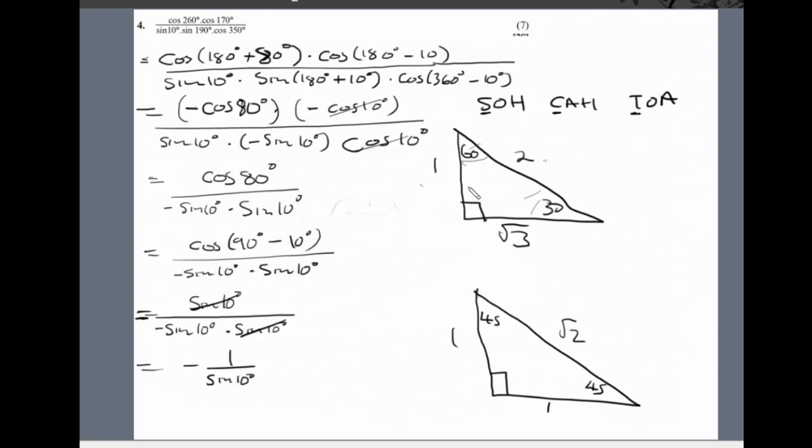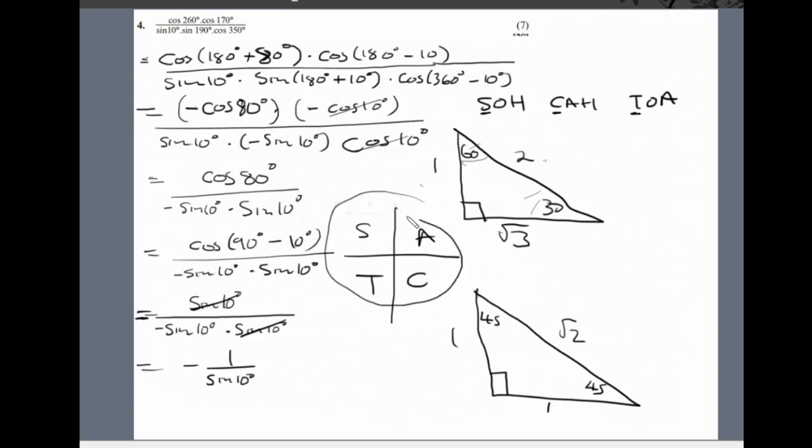Yeah, so make sure that you revise reduction formula, special angles, and then the CAST diagram: first quadrant all ratios are positive, second quadrant sine is positive, third quadrant tan is positive, fourth quadrant cos is positive, right?